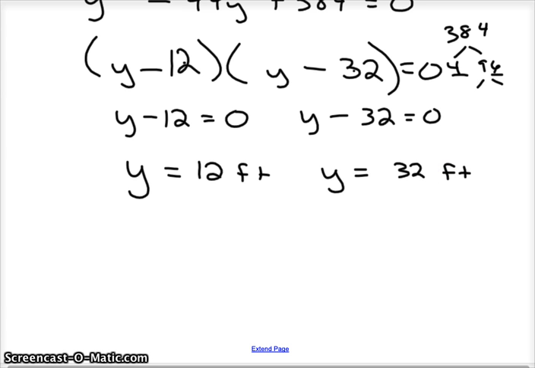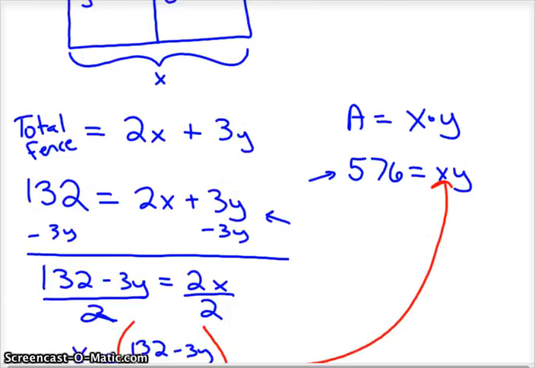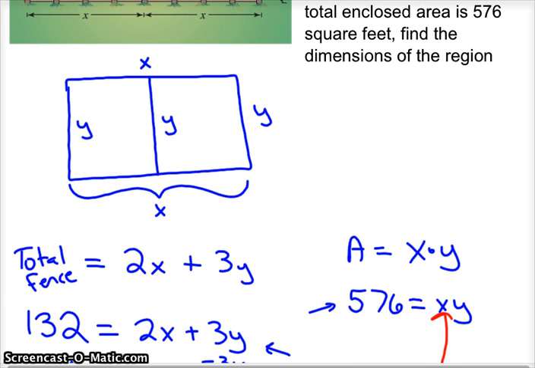And so with that in mind, we go back to our original picture. And so if y is 12 feet, we'll start with 12. Let's say it's 12 feet here, 12 feet here, and 12 feet here. That means the width of our rectangle is 132 minus 3 times 12, divided by 2.